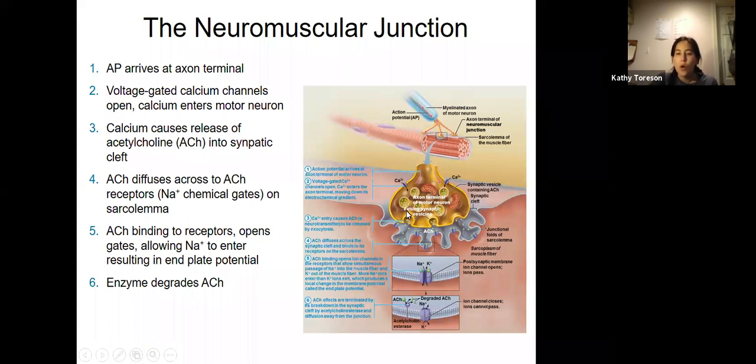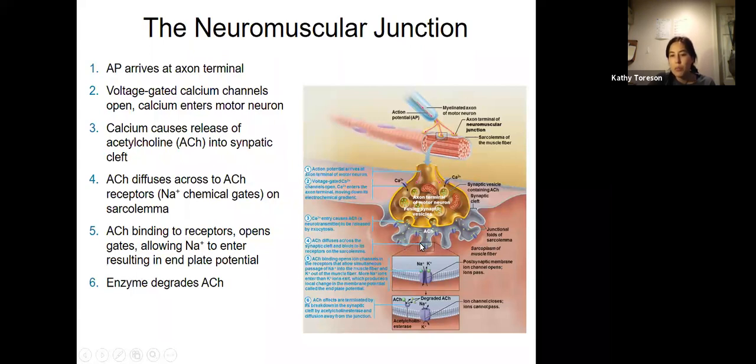So acetylcholine is released from the motor neuron, and we will learn more details about how that happens in topic 5.